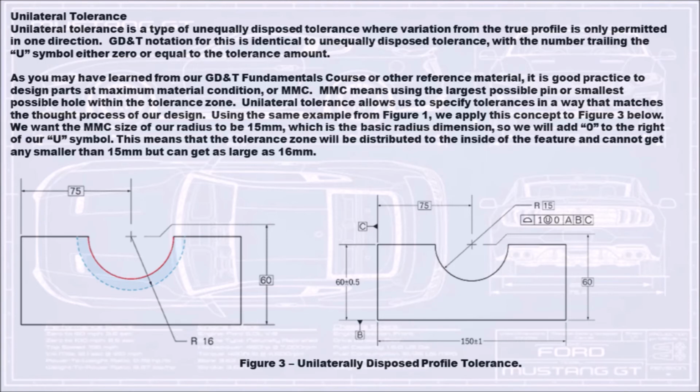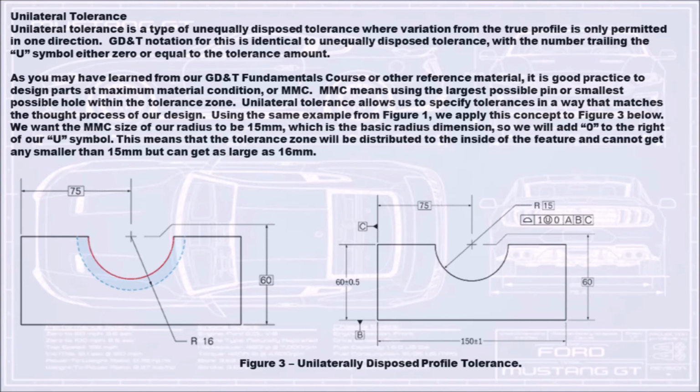As you may have learned, it is good practice to design parts at maximum material condition, or MMC. MMC means using the largest possible pin or smallest possible hole within the tolerance zone. Unilateral tolerance allows us to specify tolerances in a way that matches the thought process of this design.